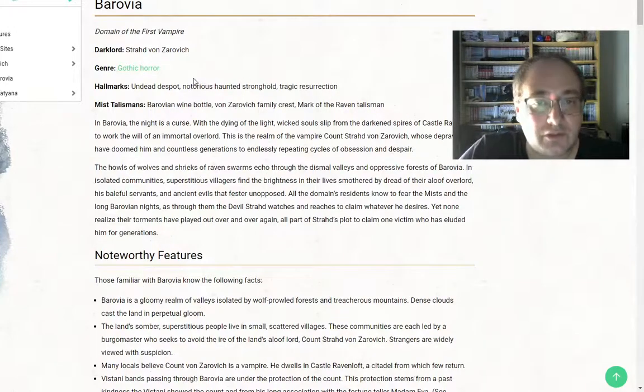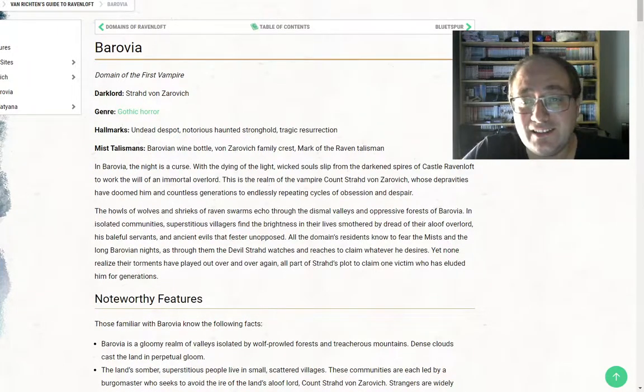In terms of genres, this book recommends that the most suitable genre for Barovia is Gothic horror. Because it is based on Bram Stoker's Dracula, you could also look at much earlier Gothic literature like Castle Otranto, and some of Lord Byron's poems, and such.